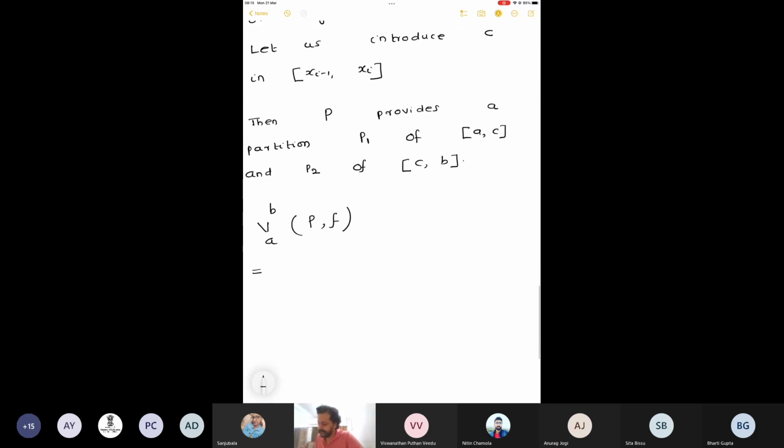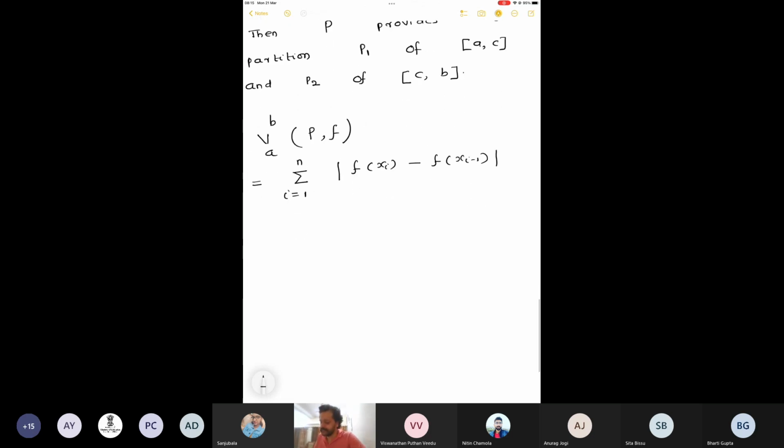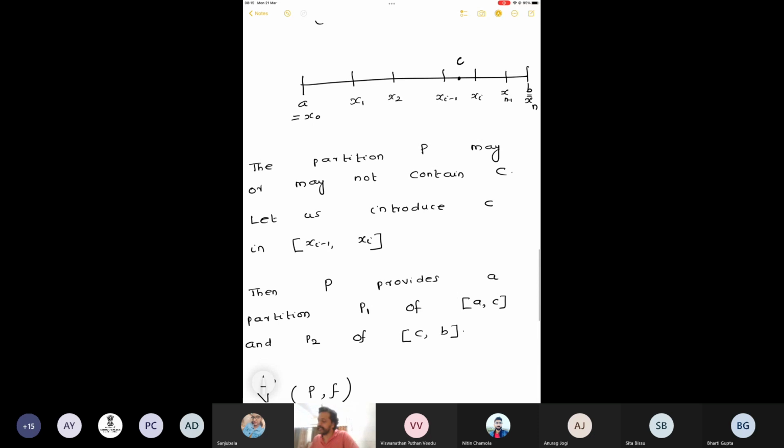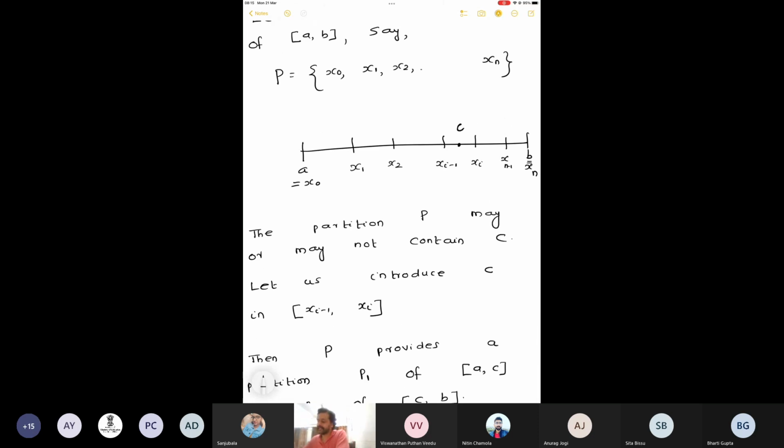So that will be summation i equal to 1 to n modulus of f of xi minus f of xi minus 1. Let me split this summation, I want to segregate this interval xi minus 1, xi from the other things.